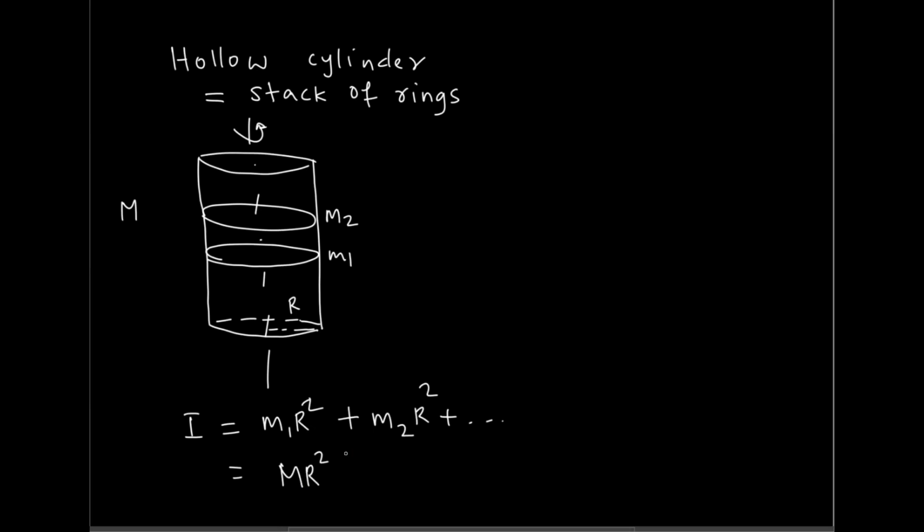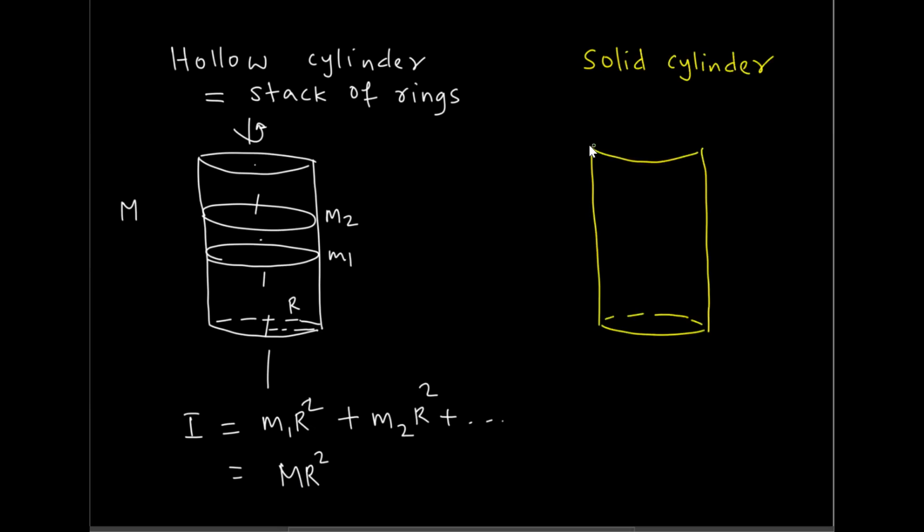Now I think you can easily answer. How about if I have a solid cylinder? Then it'll be 1 by 2 MR square. Very good. So what can you visualize it as? A stack of discs. Very nice. So you can just treat it as a stack of discs.